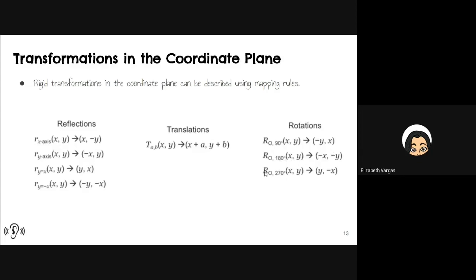If we have a rotation about the origin 270 degrees, again we take our original coordinates and complete this mapping rule. So these different rules tell us how to alter our coordinates after those specific transformations. And these we've reviewed already, and you should have been able to go over them in your independent practice problems.